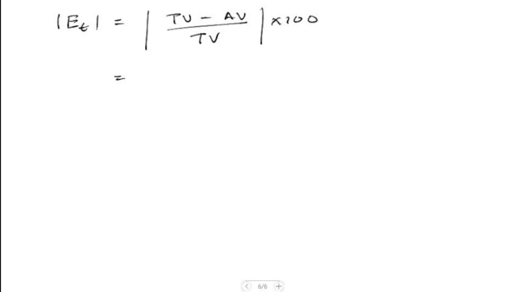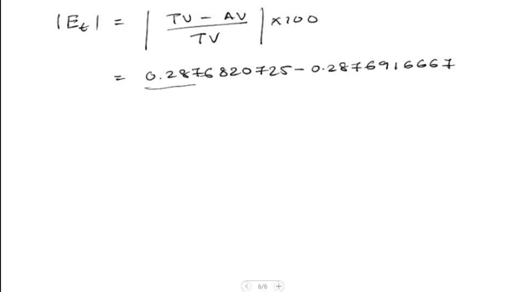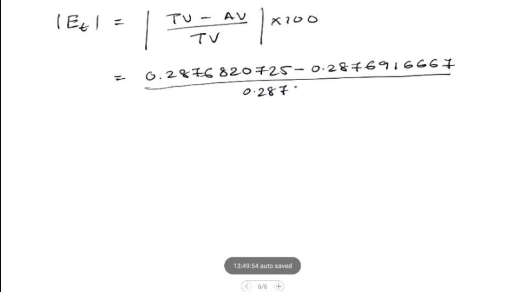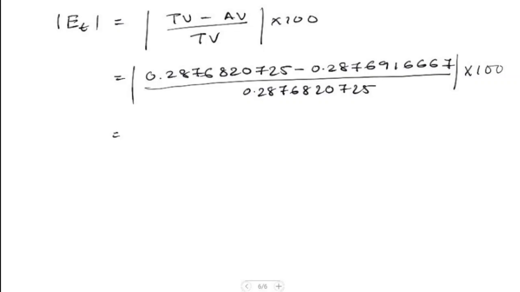So we have the true value 0.287682 minus 0.28769, divided by 0.287682, absolute value, times 100, and that gives us 0.00333% error.